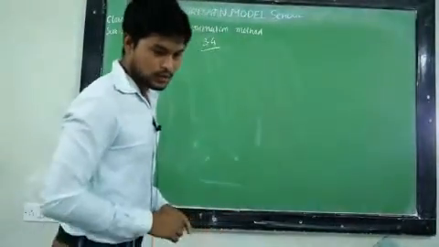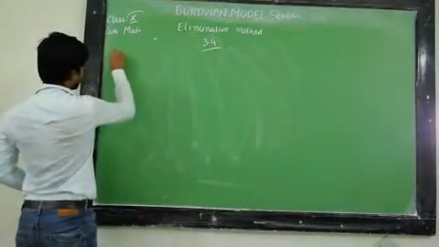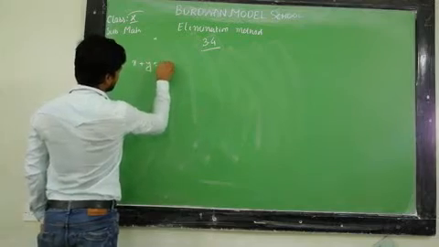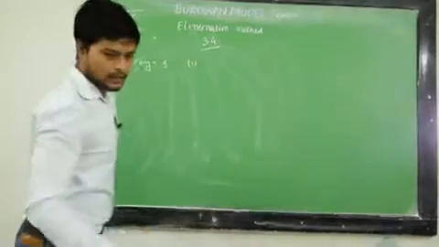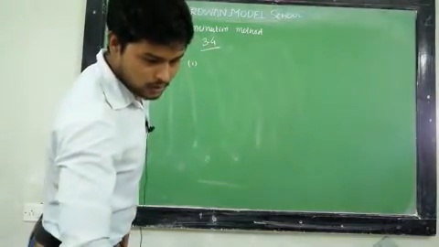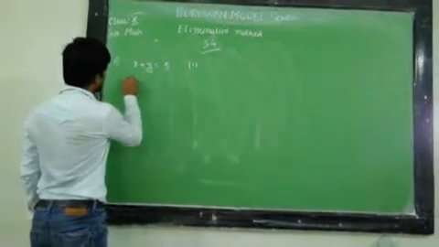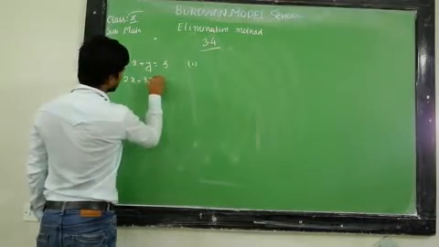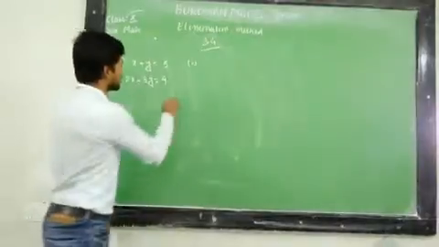So the first question is x plus y equal to 5. Let this be our equation number 1. And the second equation is 2x minus 3y is equal to 4. This is our equation number 2.